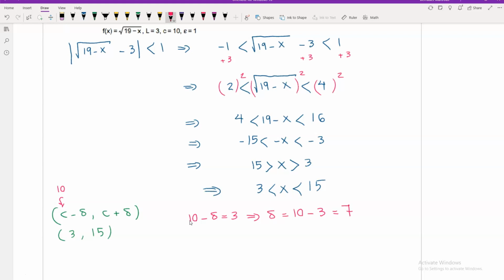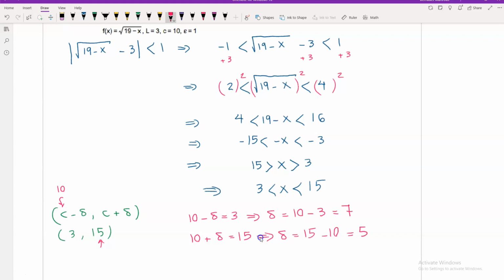And on the right side we have c plus delta, c is 10. And that is equal to 15. Delta is 15 minus 10, and the answer is 5.